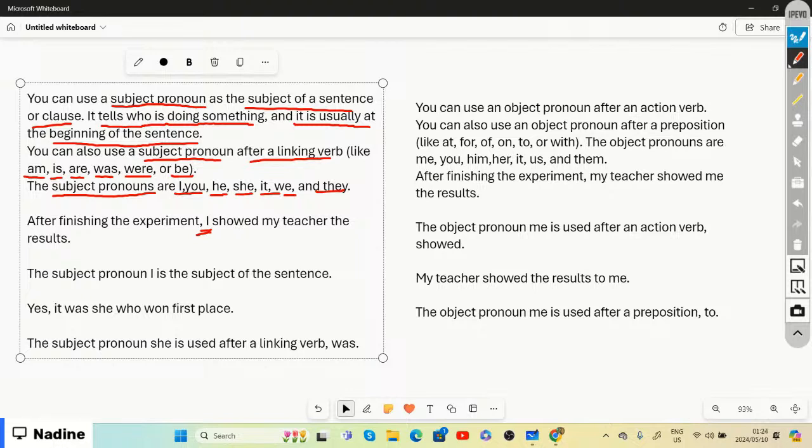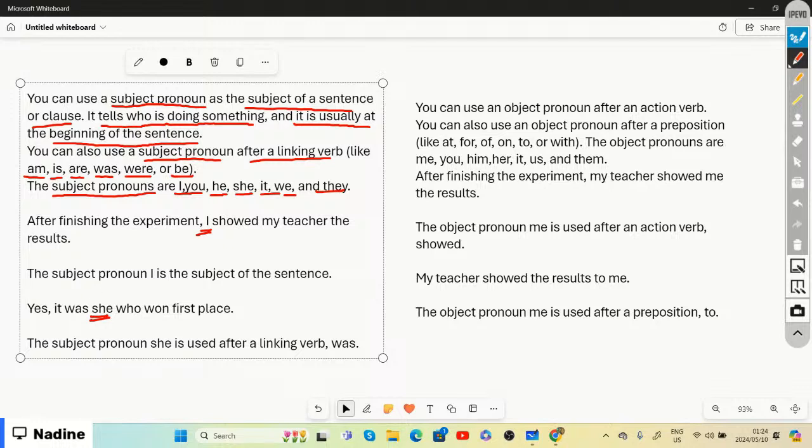Yes, the next one says, yes, it was she who won the first place, right? And we can say that when it comes to our subject pronoun, she is our subject pronoun. Who won the first place?